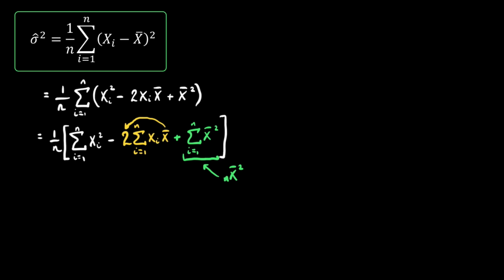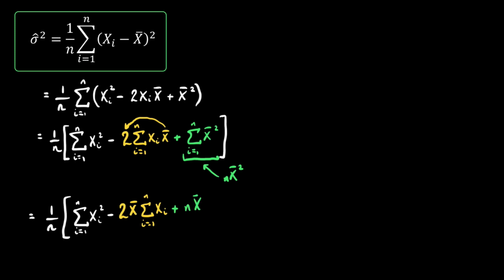So we can rewrite this expression as being equal to 1 over n times by the sum of the xi squareds minus 2 times by x bar times by the sum of the xi's plus n lots of x bar squared.